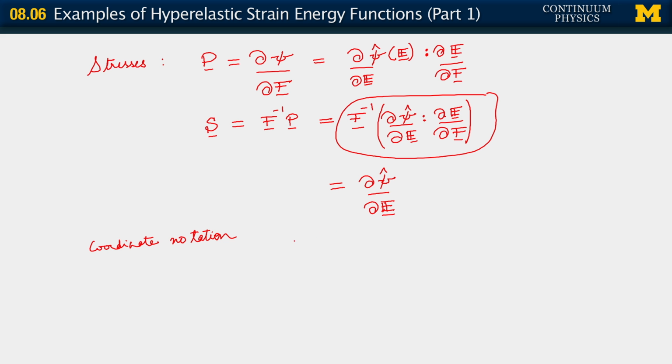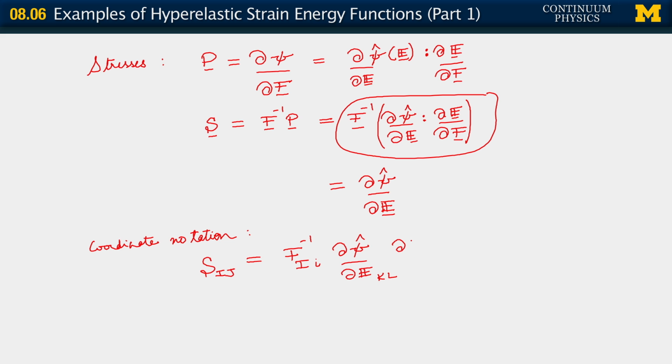In coordinate notation, what we will see is that we have S_ij equals F inverse, with indices capital I, little i, and I'm going to carry out this derivative with respect to E, introducing new indices there, KL.